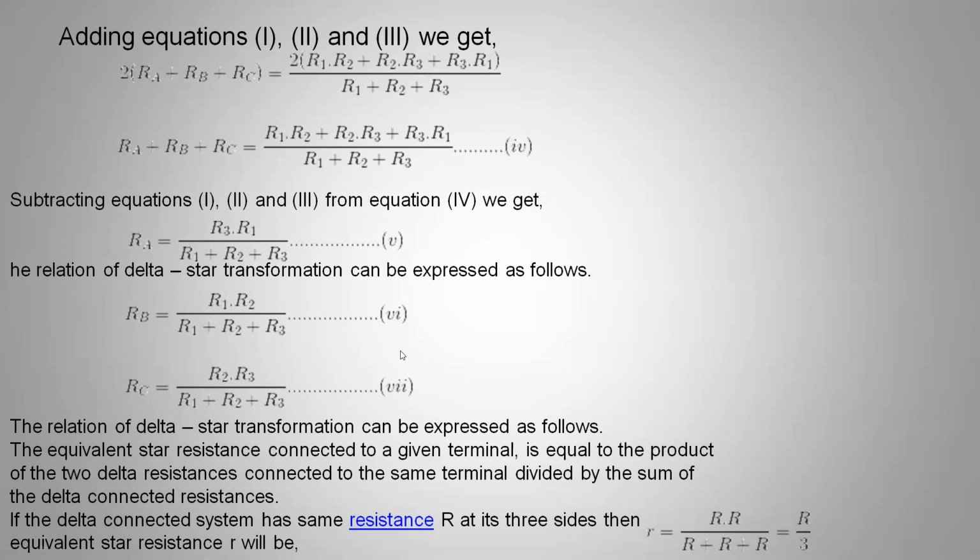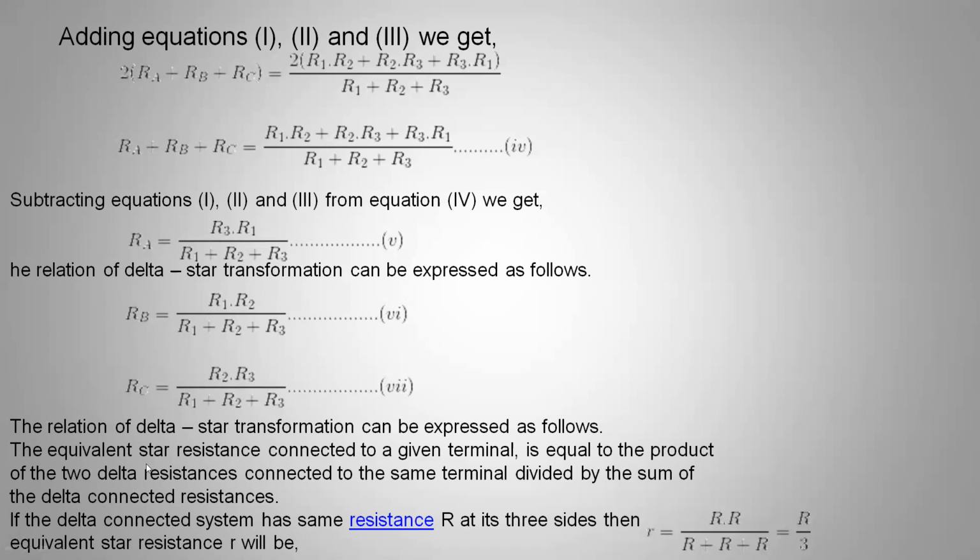These are very, very important formulas in solving problems. In every problem you solve, these formulas are very, very important. RA is equal to R1 R3 by R1 plus R2 plus R3. RB is R1 R2 by R1 plus R2 plus R3. RC is R2 R3 by R1 plus R2 plus R3.